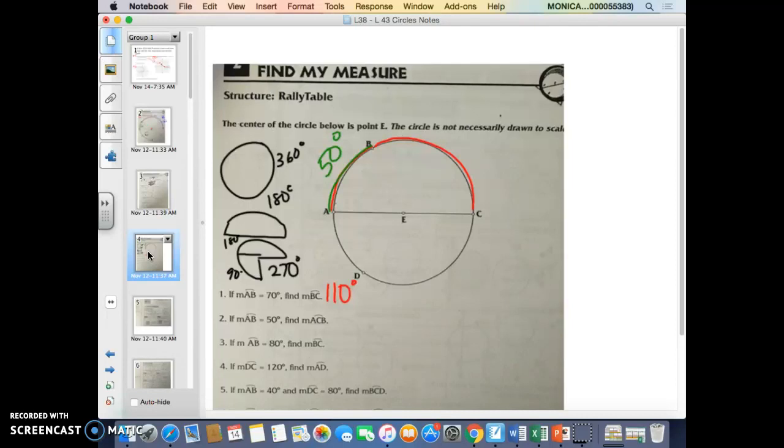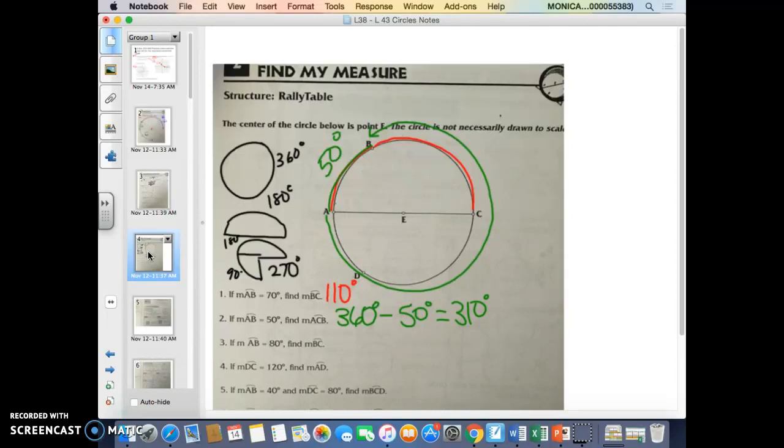If we're going to go through C, you're literally going this way, A to C and then to B. So I'm not going to subtract from 180 this time. I'm going to subtract from 360 because that's the whole circle. So 360 minus 50 equals 310 degrees.